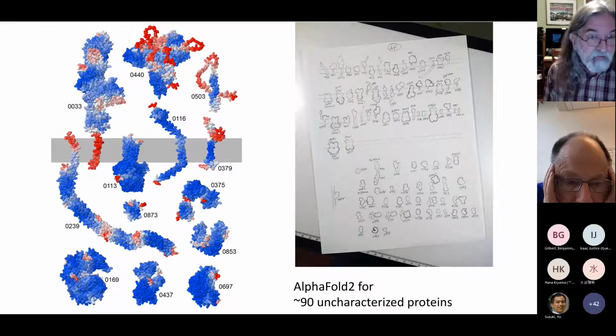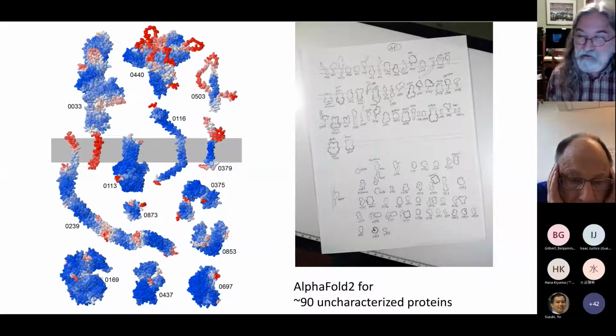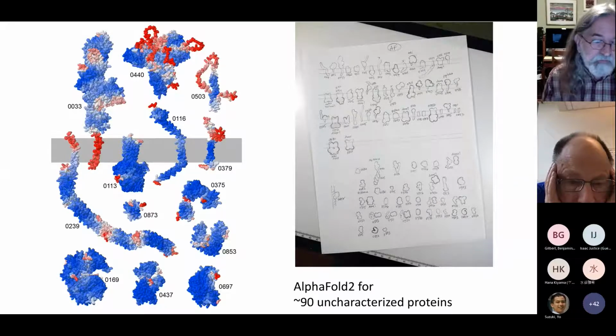And so I turned to AlphaFold to try to generate some structures for those 90 remaining proteins. This was before syn3A was available from the AlphaFold site, so I ran the program on my own, which was just an incredibly fun couple of weeks of work, total treasure hunt, looking at each of these proteins.